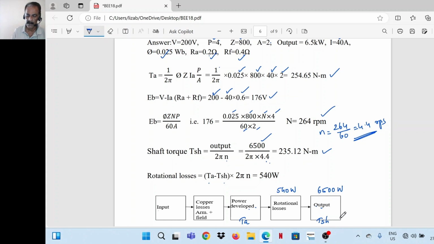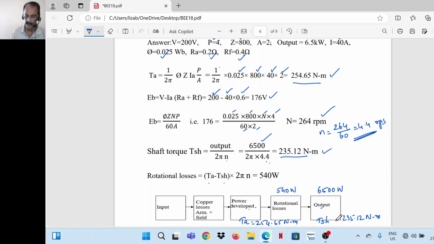So shaft torque is 235.12 Newton meter, and armature torque is 254.65 Newton meter. This is, armature torque is 254 and shaft torque is 235.